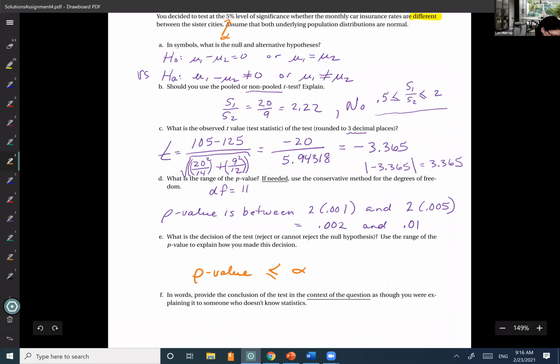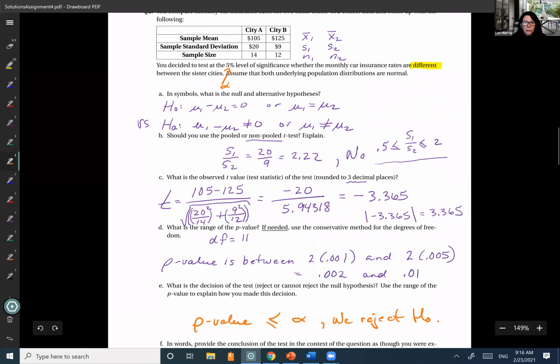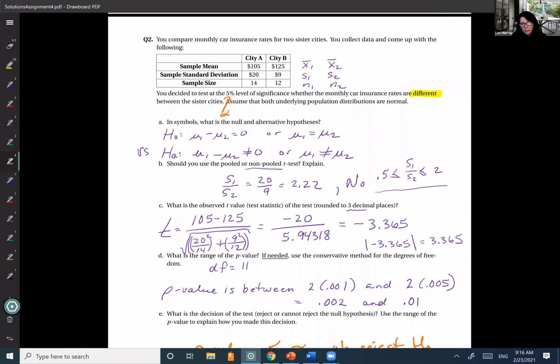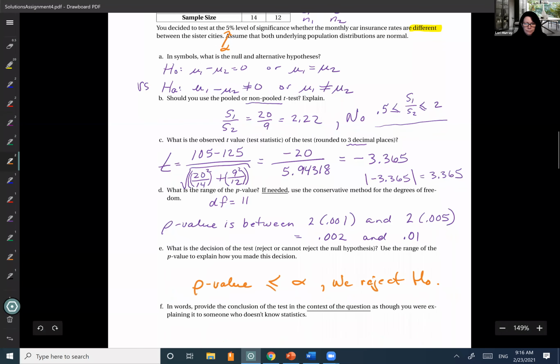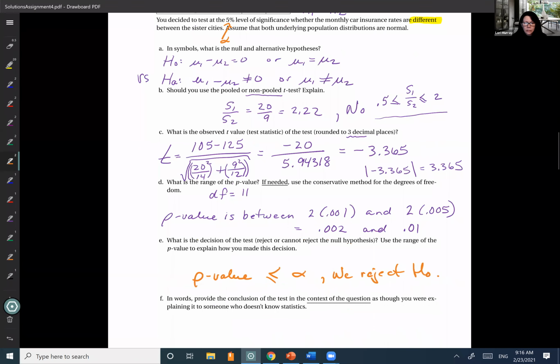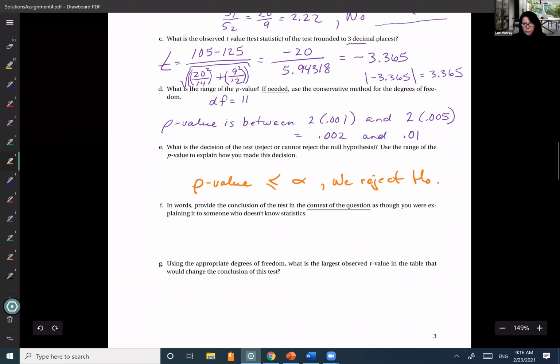And the answer is yes. So then we reject the null hypothesis in this case. When we reject, we can conclude that there is a difference in the monthly car insurance rates for the two cities. So that is the process for the decision.